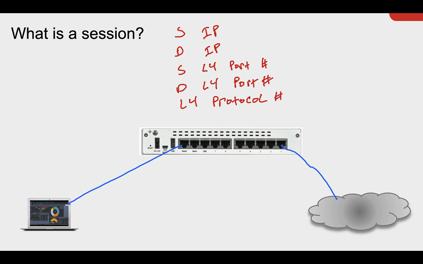Now these 5 items, when you take them client to server, and then the reverse direction, server to client, together they make up a session. Every session in a firewall receives a number, a session ID number.